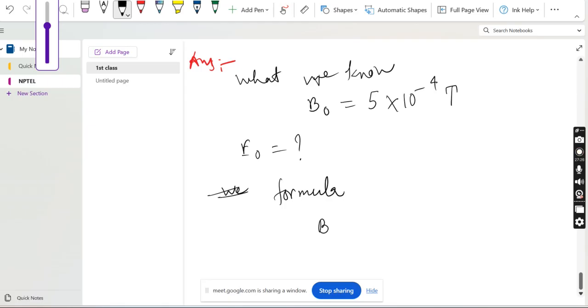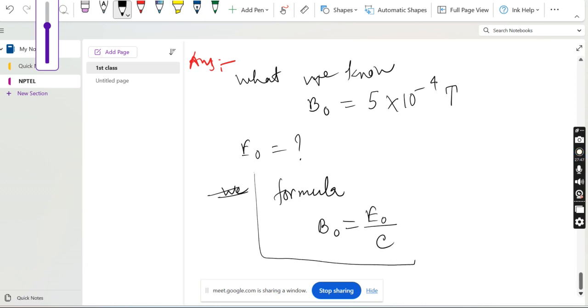So the formula is basically, as I have mentioned a few minutes earlier, that the strength of the magnetic field is much lesser than the electric field. Basically, the strength of the magnetic field is C times lesser than the electric field.